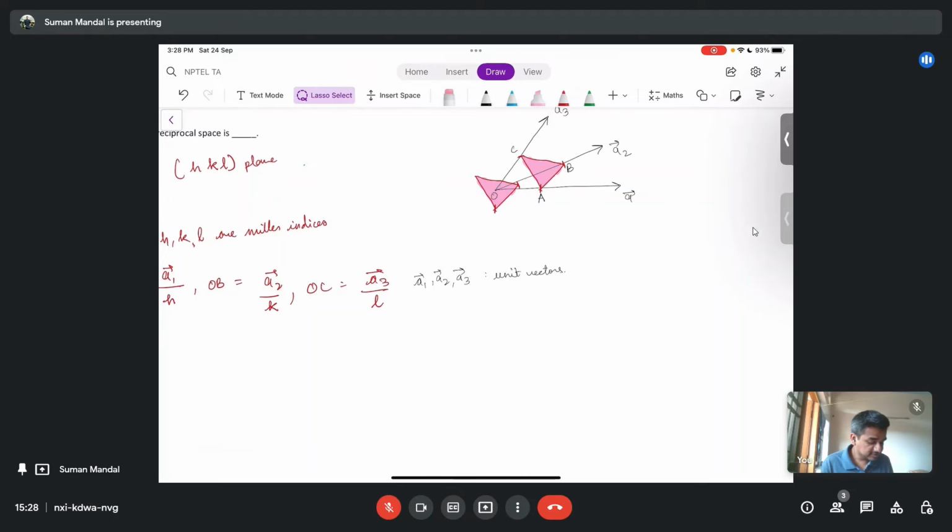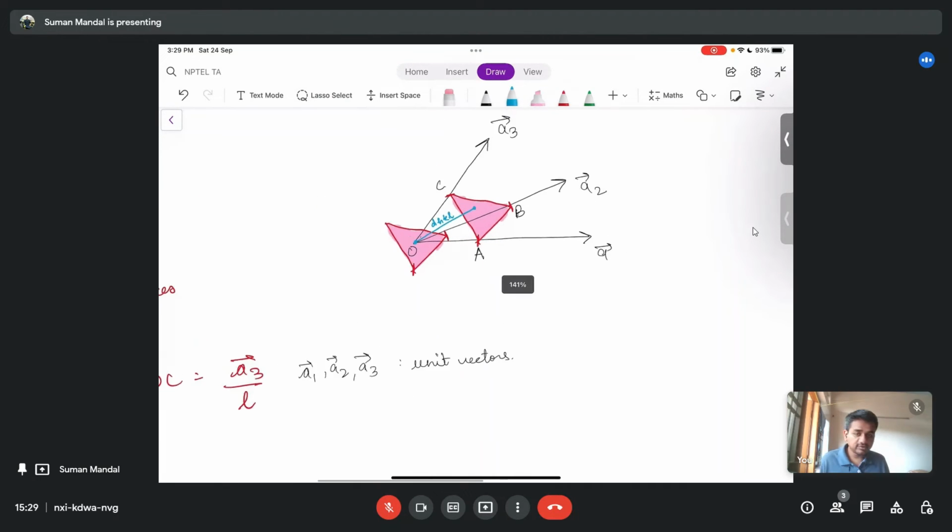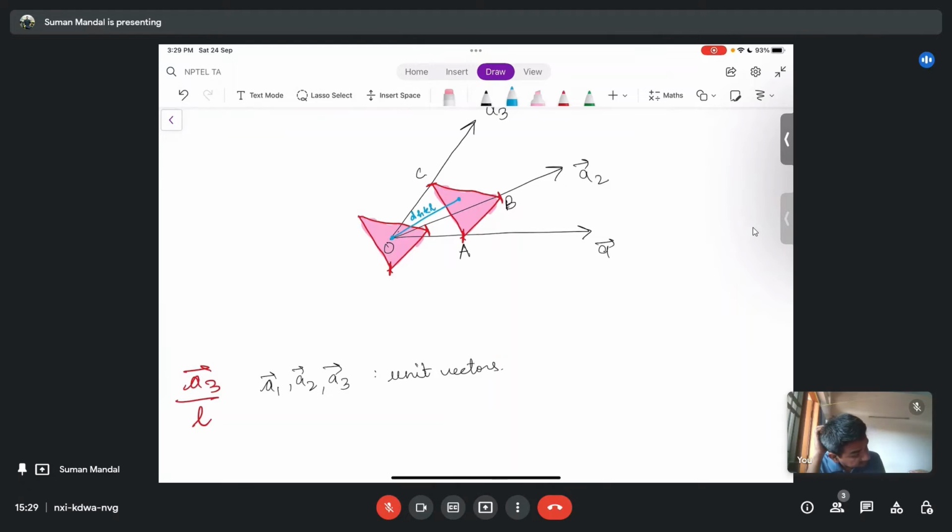And the way that we define DHKL is basically the perpendicular distance between these two planes. This is DHKL. So this is how we define the term DHKL as the distance between two parallel planes.